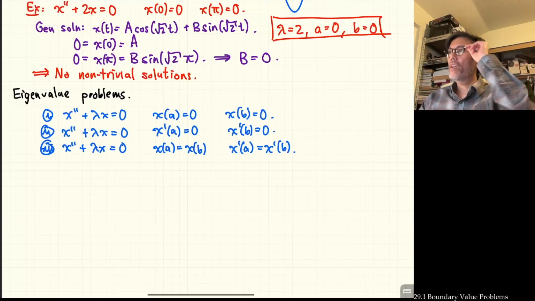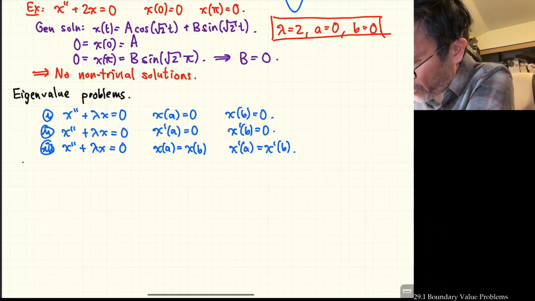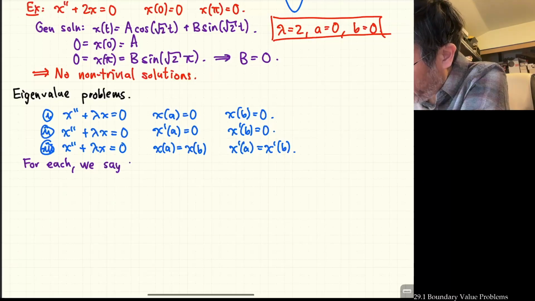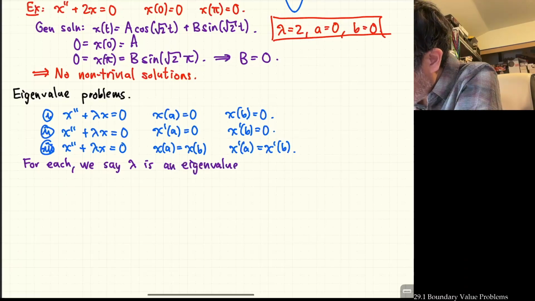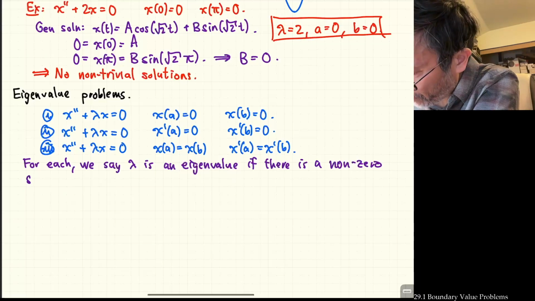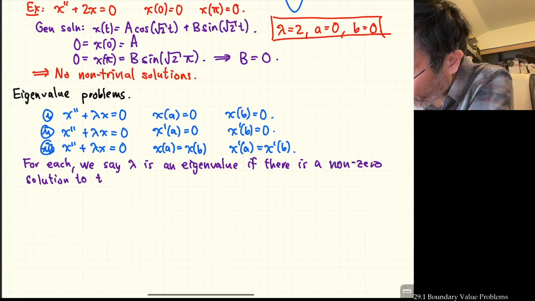And we say, for each of these problems, and this is crucial, that lambda is an eigenvalue if there is a non-zero solution to the boundary value problem.